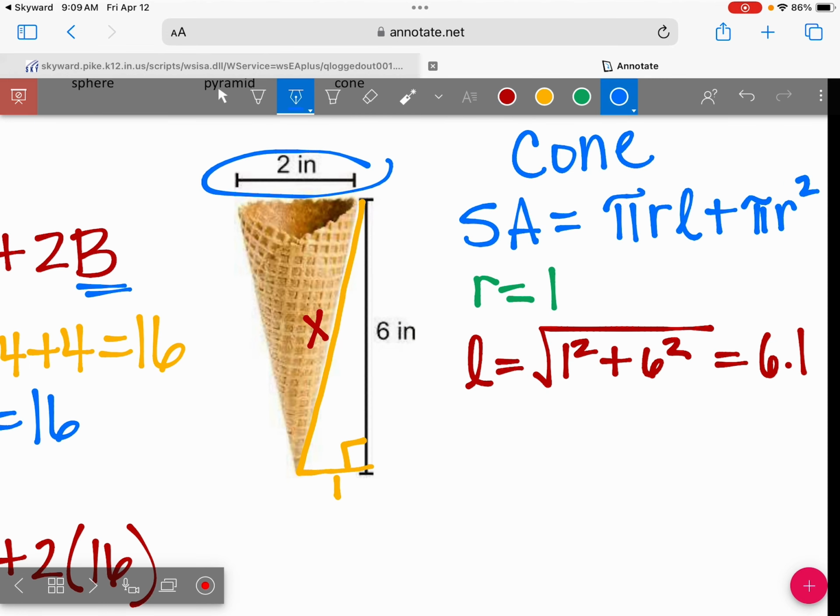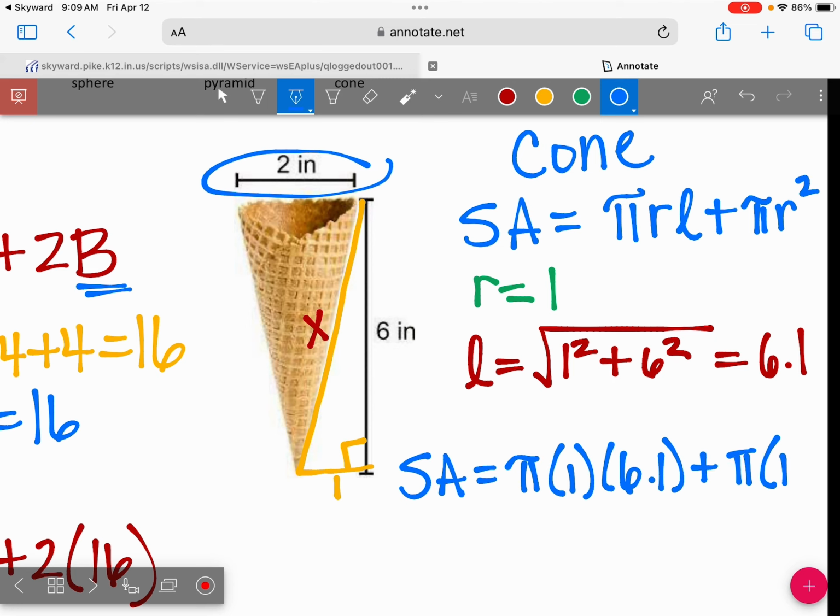So now you're ready to do your surface area. Surface area equals pi times r times L plus pi times r squared. Go ahead, type that in and get your surface area for the cone.